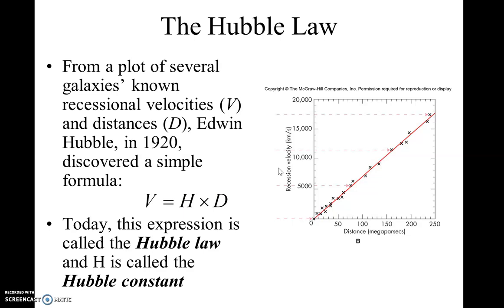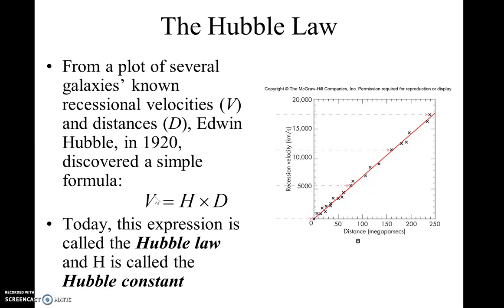He realized that this greater velocity with greater distance was not the motion of the individual galaxies. Okay, this velocity that we were measuring, which is called the recession velocity, is not a property of individual galaxies. It's actually the expansion of space itself.